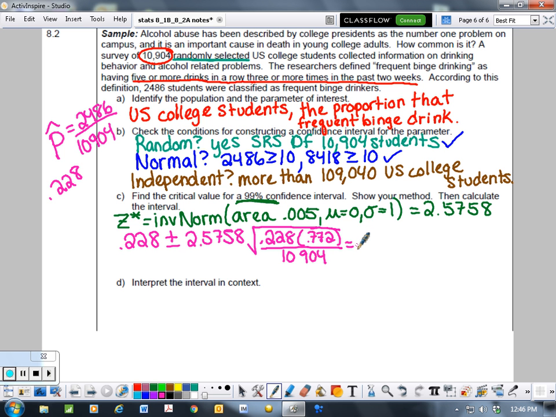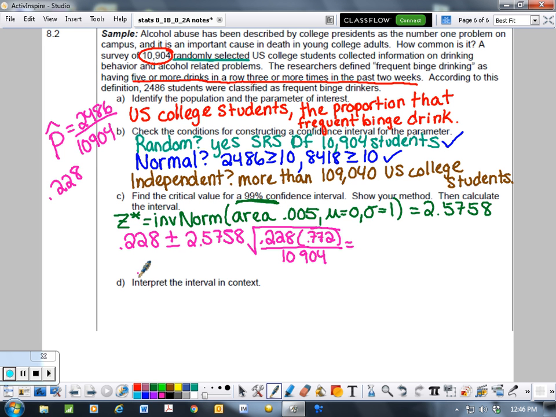And that's going to allow me to calculate that confidence interval. So now I'm going to do 0.772 times 0.228, then divide that by 10,904, and then square root that answer. So I got 0.004. And I'm going to times that by 2.5758.